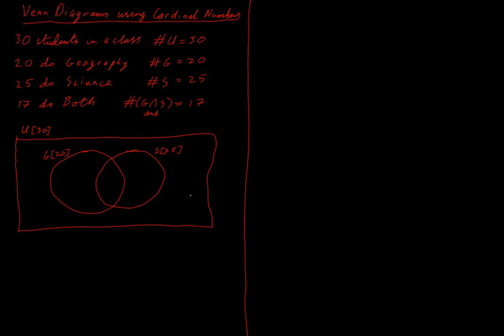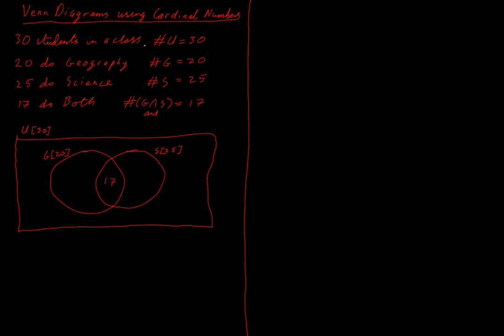Now, anytime I'm doing my Venn diagrams, I'm always going to try and start filling in the center of my Venn diagram. And happily this time I can do that fairly easily because I know that G intersection S is going to be 17. The number of people doing both geography and science is 17. Now I've got that in, I can fill in the rest of my diagram fairly straightforwardly.